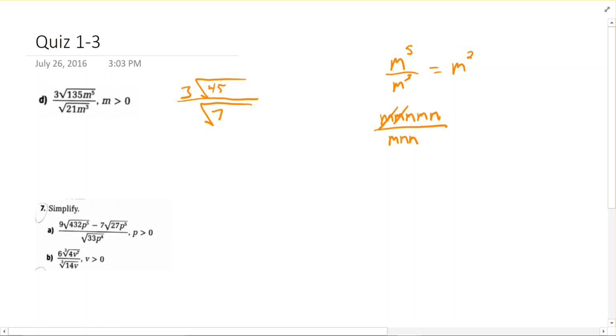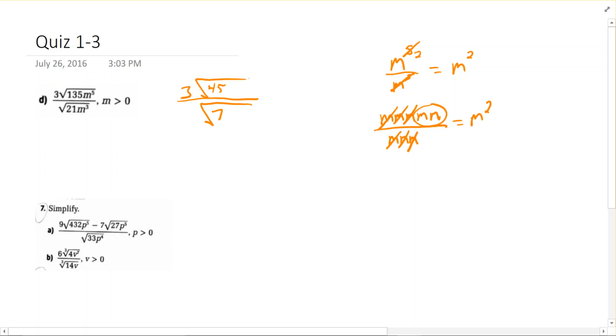You're going to cancel 3 of the top ones with 3 of the bottom ones, and you're going to end up with m times m, which is equal to m squared. So when you're thinking about dividing, you can either do the subtraction rule of exponents, or you can say, well, 3 of these m's need to cancel with 3 of the top ones, leaving you 2. So you can kind of do that canceling type of method.